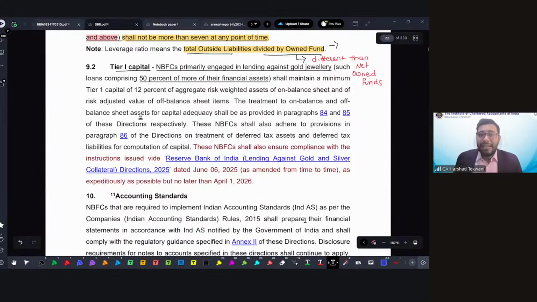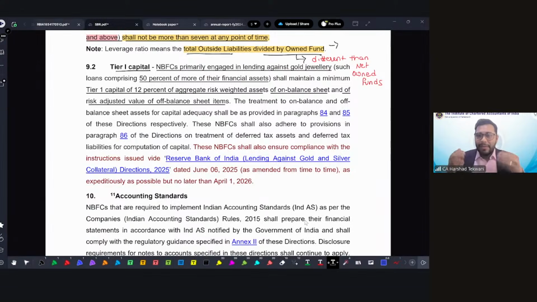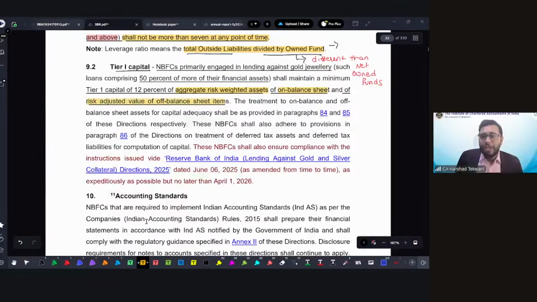In that case, the Tier 1 capital shall be at 12% of the aggregated risk-weighted assets of on balance sheet items and of the risk-adjusted value of off balance sheet items. I'll come to that, but these are two new terms we are looking into: aggregated risk weighted assets of on balance sheet items and risk adjusted value of off balance sheet items.